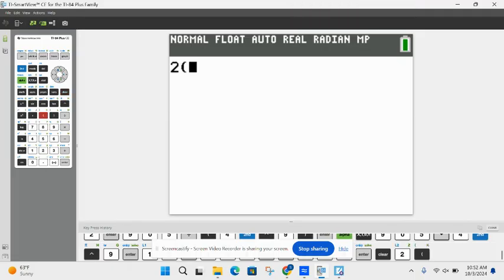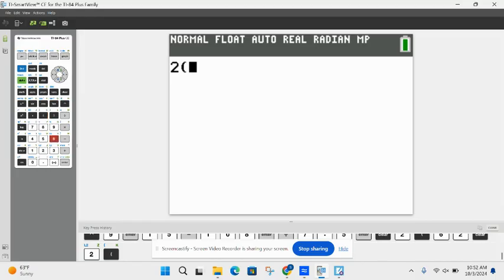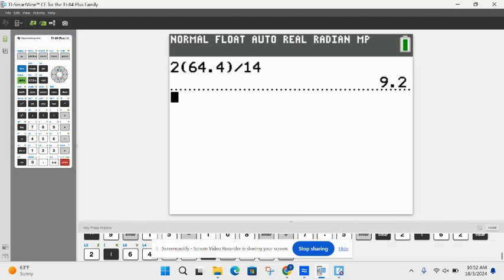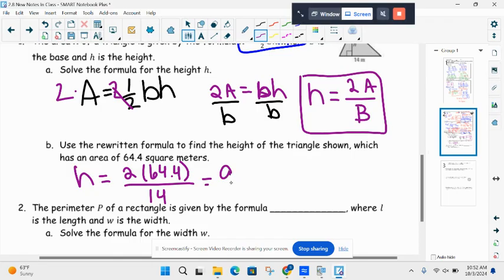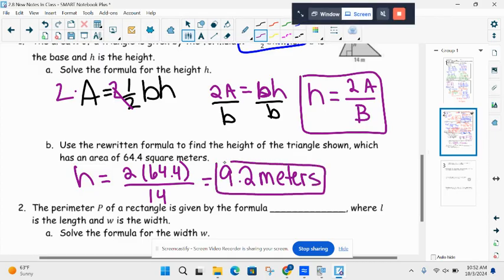So 2 times 64.4 divided by 14, 9.2. 9.2 meters.